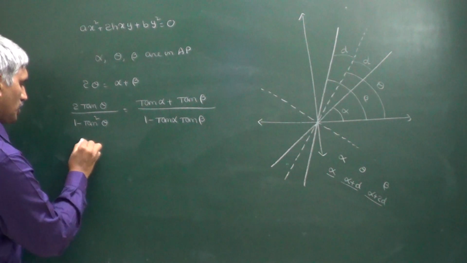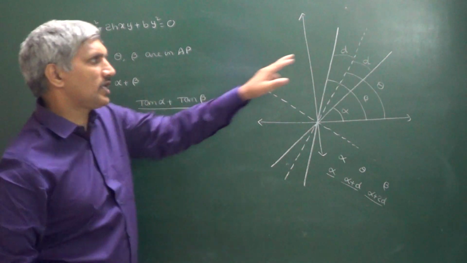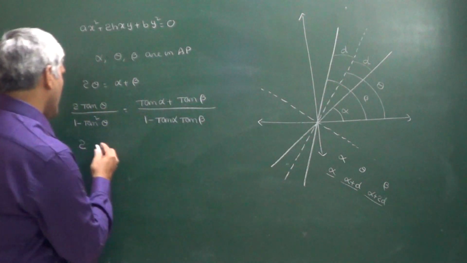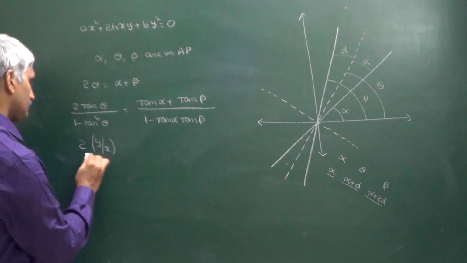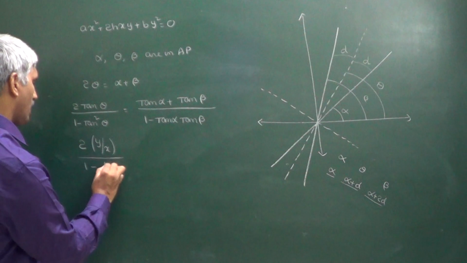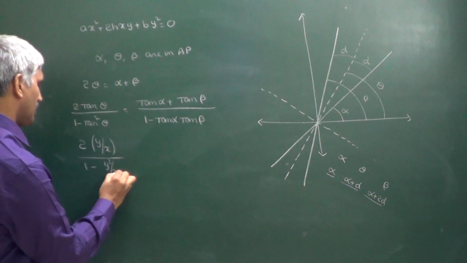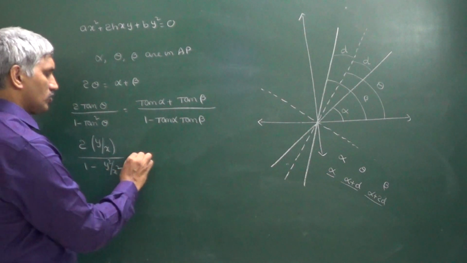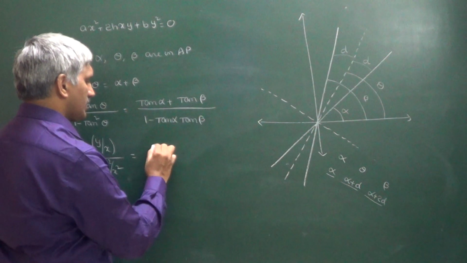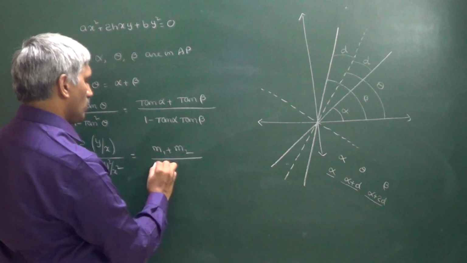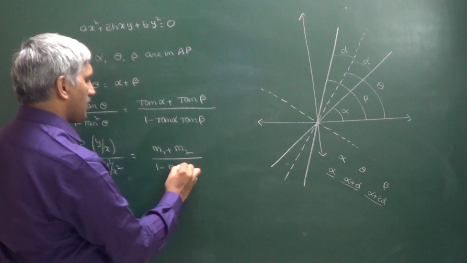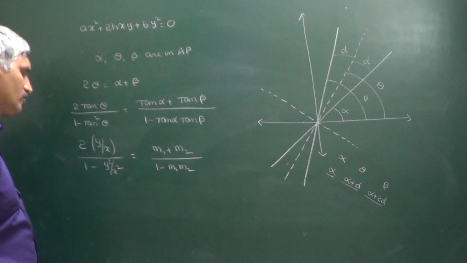Now tan theta is equal to y by x, so we get y by x divided by 1 minus y square by x square is equal to tan alpha plus tan beta, meaning the sum of the slopes, divided by 1 minus tan alpha into tan beta, meaning the product of the slopes.